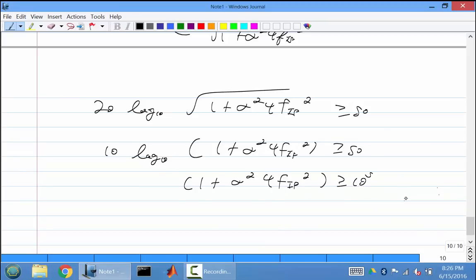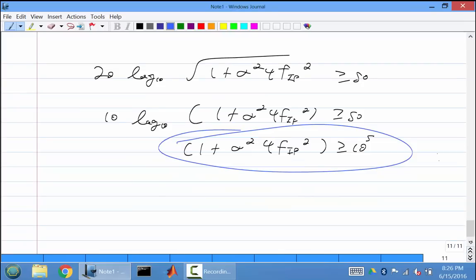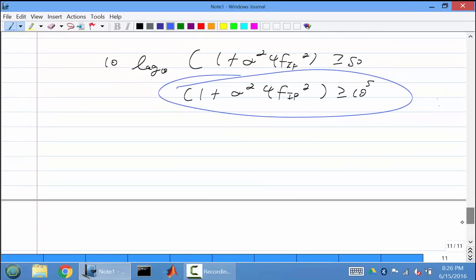Okay, so I can divide by 10, take the anti-log, and that's what I get. So that's the condition that you need to uphold. So that's the inequality that we're looking for.